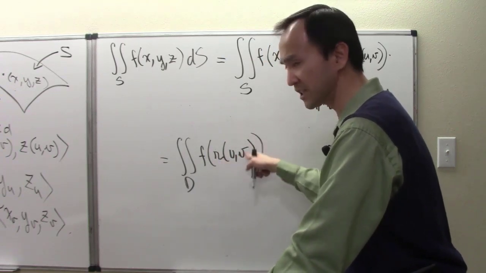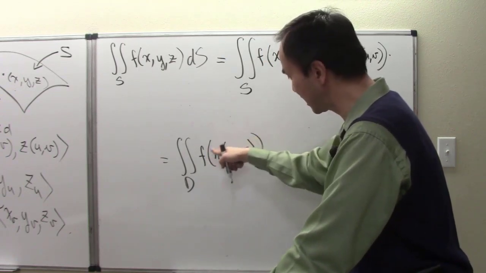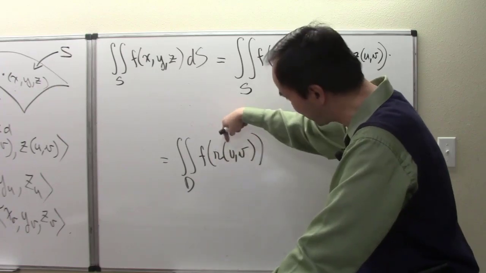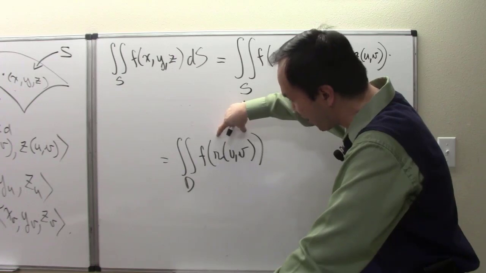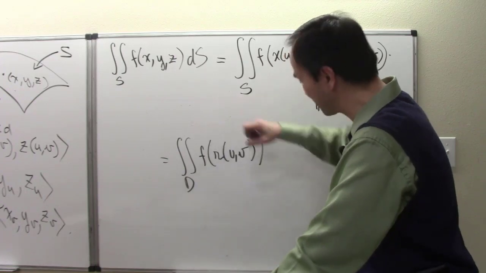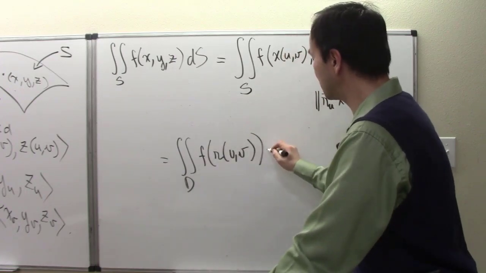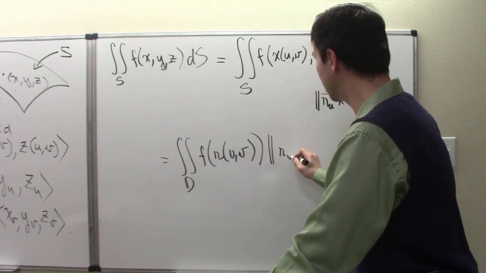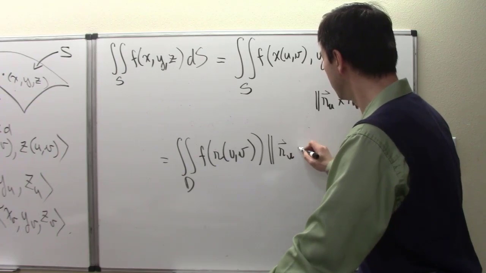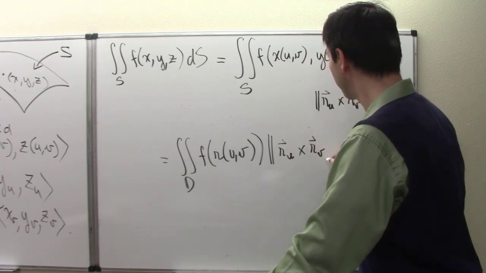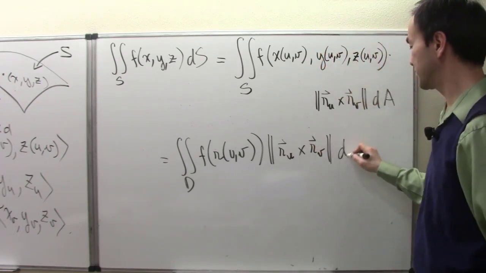Because r is a vector valued function, it indicates a point at any random point on the surface. So it's the function value at any point on the surface represented by the function r. And then we multiply with the magnitude of r_u cross r_v, times dA.